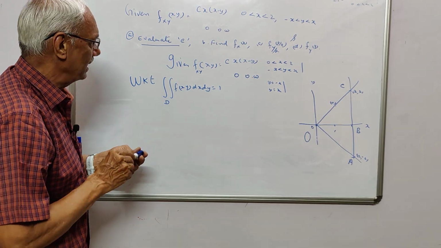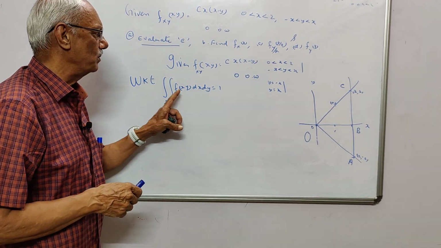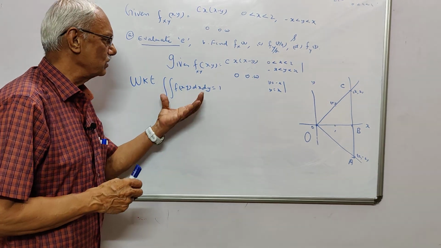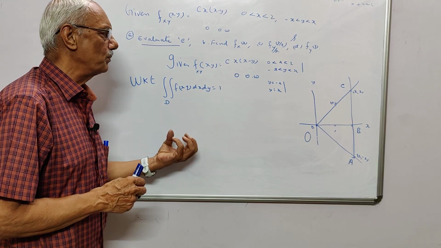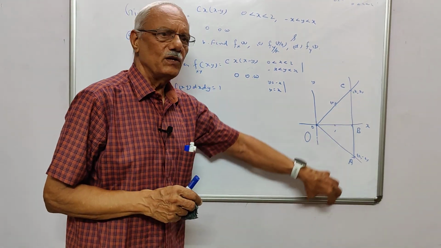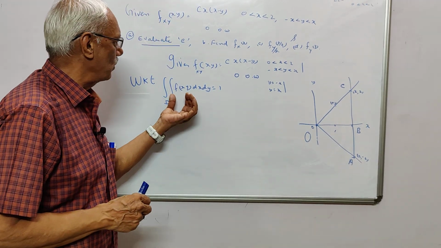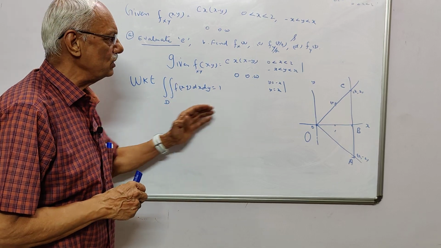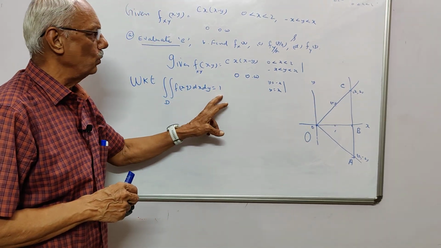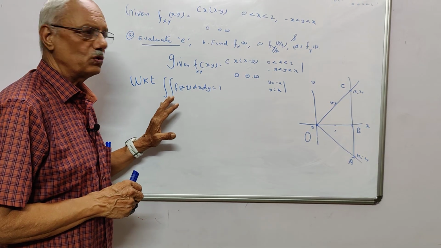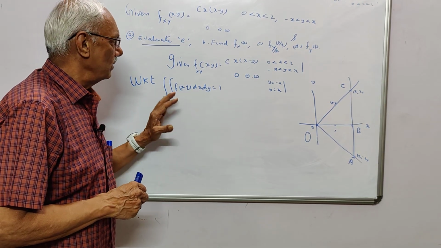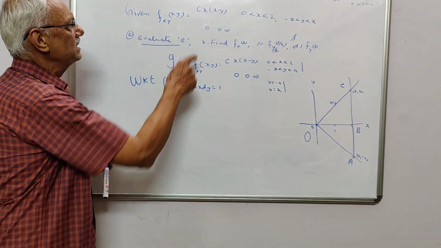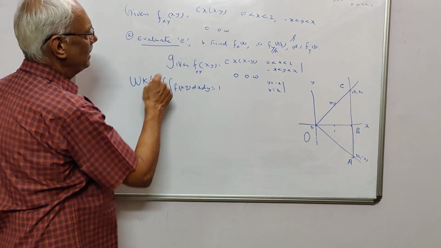This integral of the probability density gives you the sum of the probabilities over this domain. f of xy is always greater than or equal to 0, and its summation over this area is equal to 1. These are the two things that you must know. Now let us apply this and get the value for c. What is c here? You are asked to evaluate c.